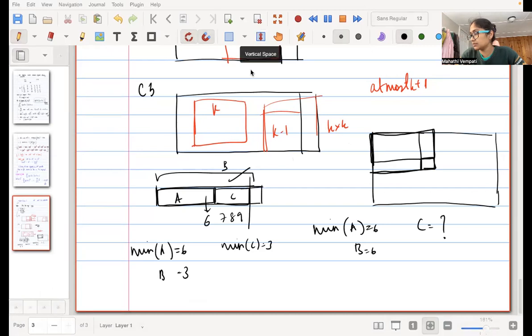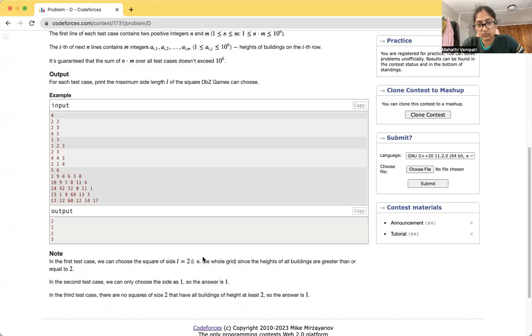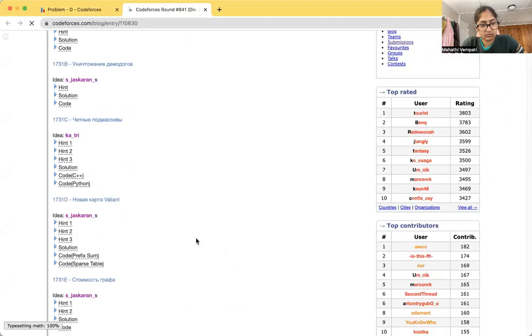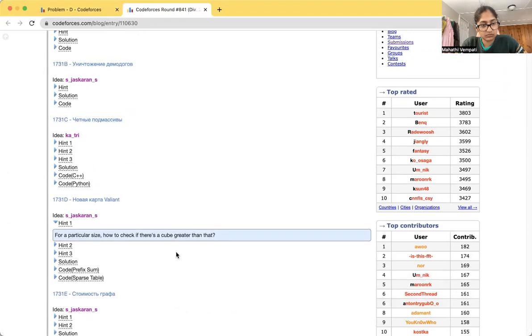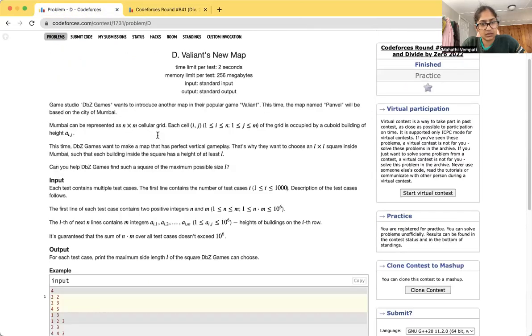Let's look at the solution. Did I completely miss something?